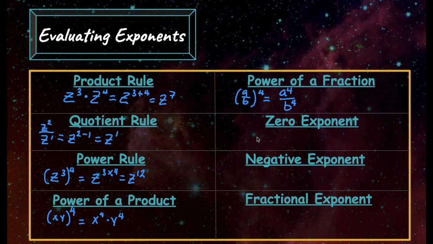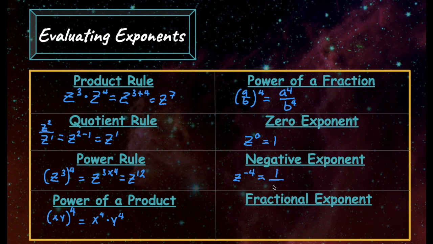The zero exponent tells us that if we have a term raised to the zero power, then the result will just be 1. The negative exponent rule tells us that if we have a negative exponent like z to the power of negative 4, the way that we make the exponent positive is by flipping or finding the reciprocal.